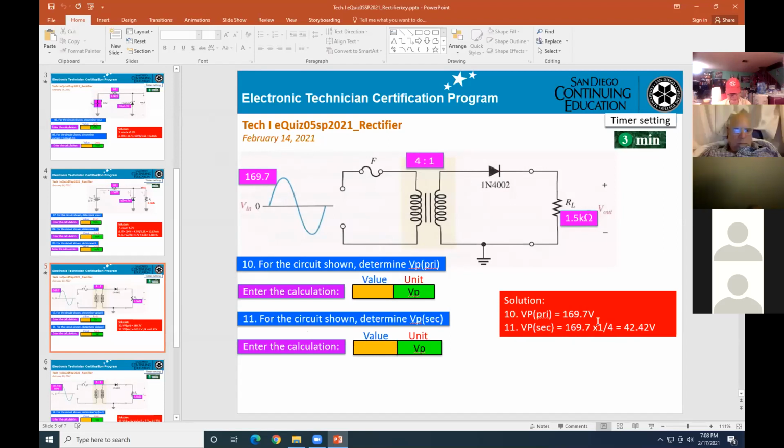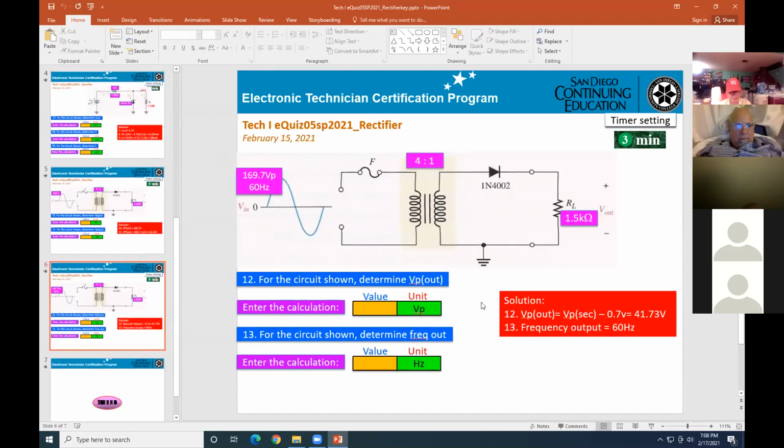Okay, next, makes sense. 12, 13. 12 will be 41.73. 13, frequency will be 60 hertz. Same frequency.